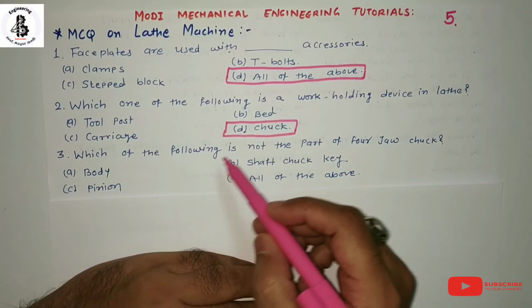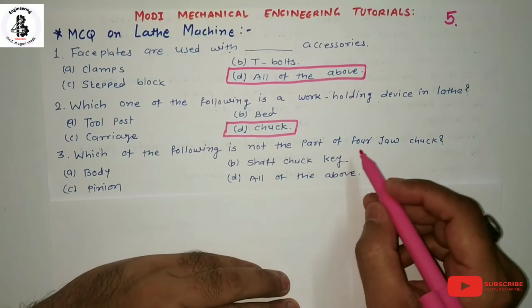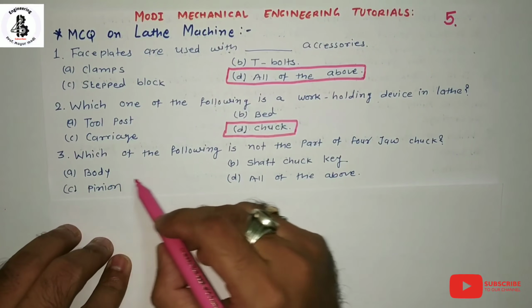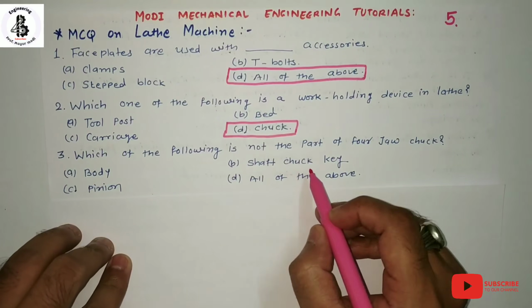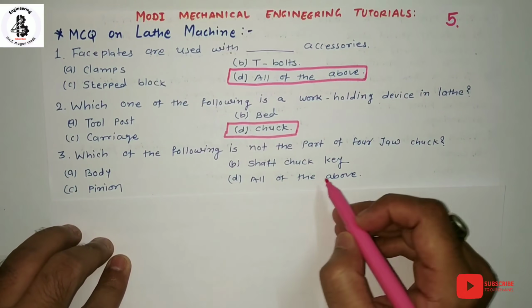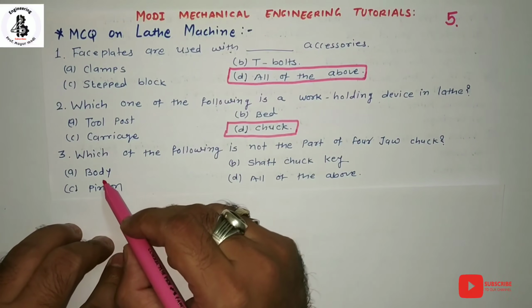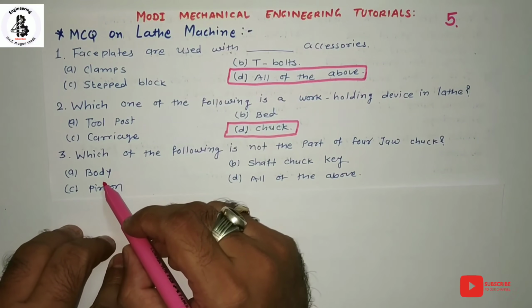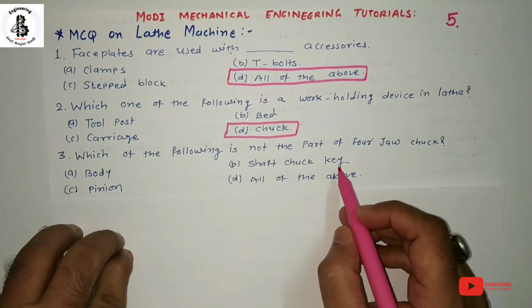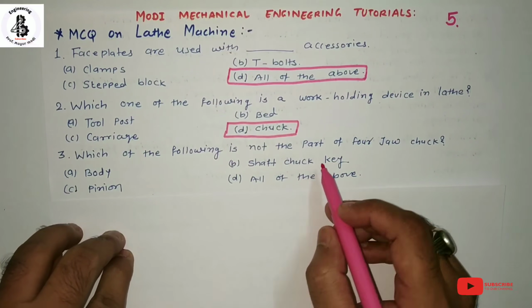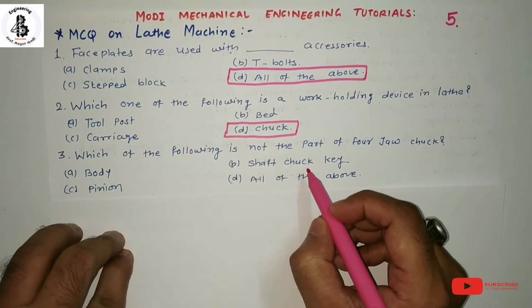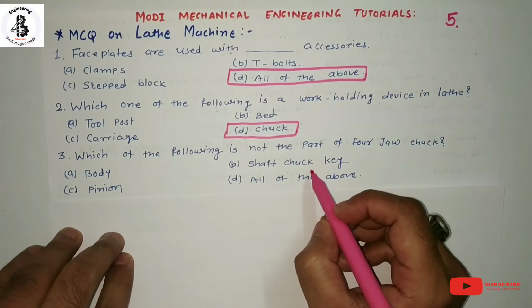Which of the following is not a part of a four-jaw chuck? Option A, body, option B, shaft chuck key, option C, pinion, and option D, all of the above. Basically, the body is considered a part of a four-jaw chuck. Option B, the chuck key, for holding and unholding the job, is also considered a part of the chuck.